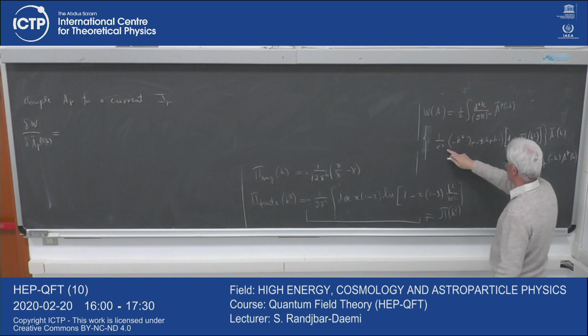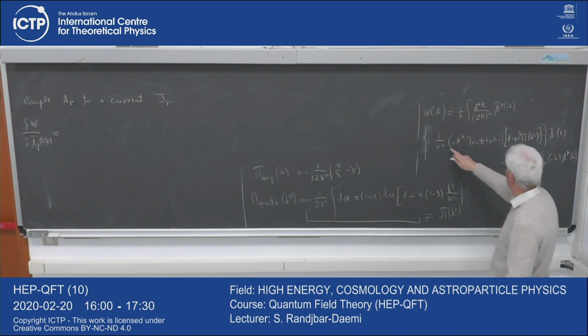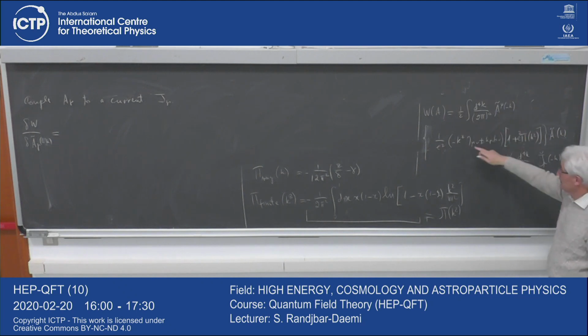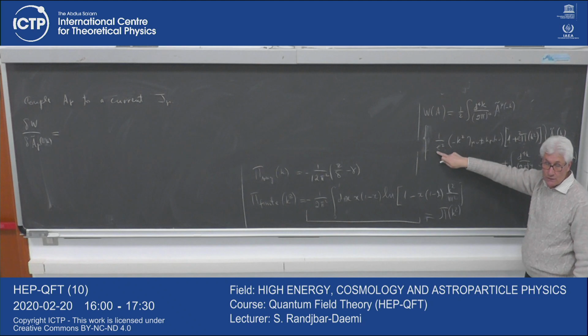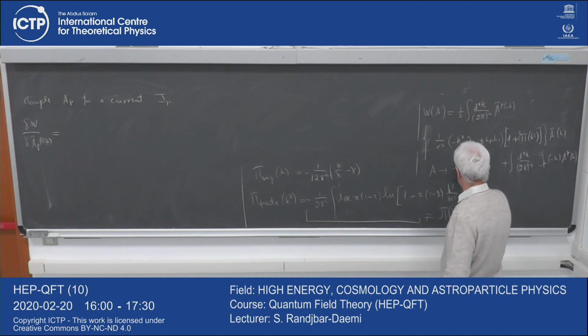If you remove this, I put it outside. Therefore, if I rescale it, it will go away. But then I've forgotten to put this e squared there. The way that I have written it, this pi does not have an e squared. So this 1 over e squared will multiply this pi. Therefore, I should have put an e squared in front of it. It was a mistake the way that I wrote it. But if I rescale A by sending A to e times A, this overall 1 over e squared will cancel. So send A to e times A.